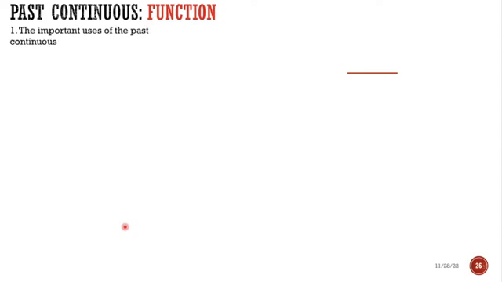Let's go. At this point, I explain to you the importance of using the past continuous, meaning how to use the past continuous. You can see the first point.